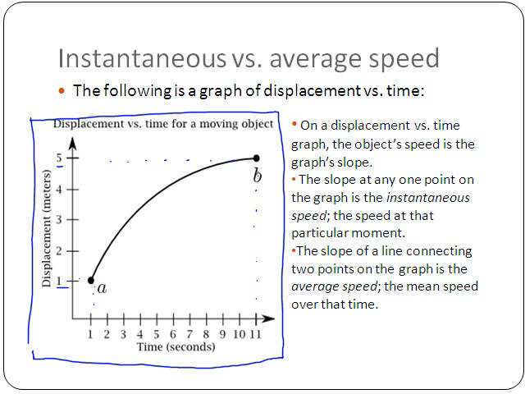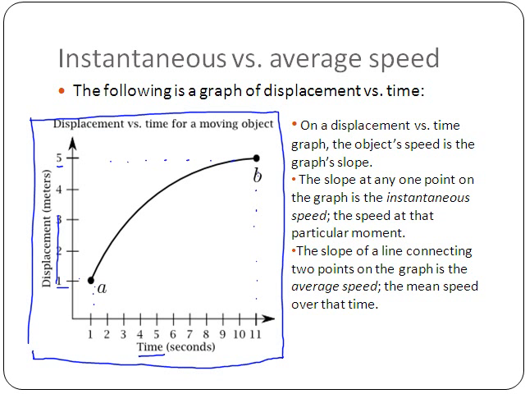In this case, the rise is the displacement, so the slope would be displacement over time, and displacement over time is basically the magnitude of velocity, which is basically speed. If it goes in a straight line, the displacement and the path length are the same thing. So if we can find the slope, we can find the speed.